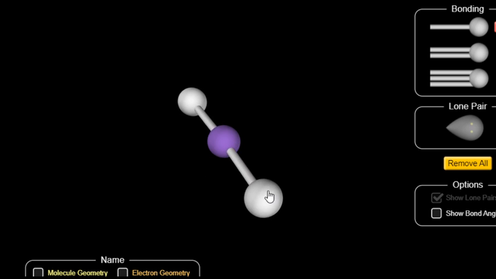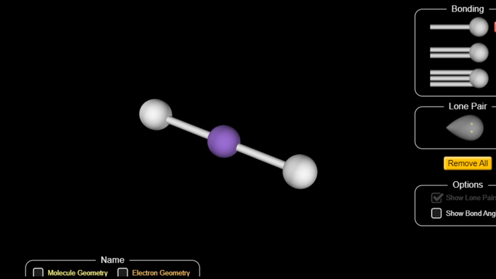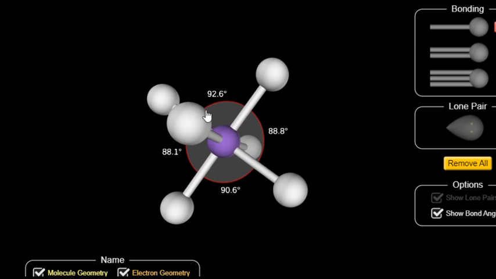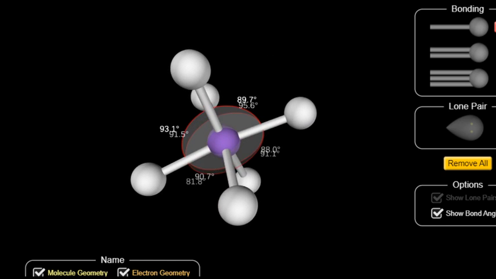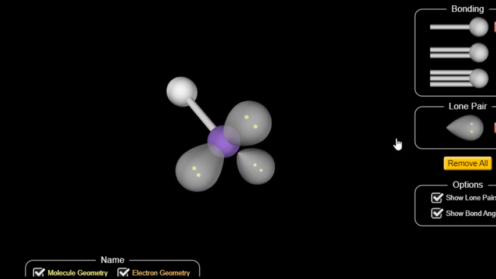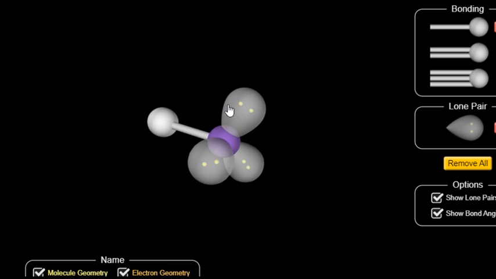A couple of things we're going to have to toggle on: electron geometry and molecule geometry. Also, we want to see bond angles. We can add attached atoms, move it around, get funky. We can also add lone pairs or non-bonding electrons. Notice it's kind of a bubble which represents where these electrons can be found.